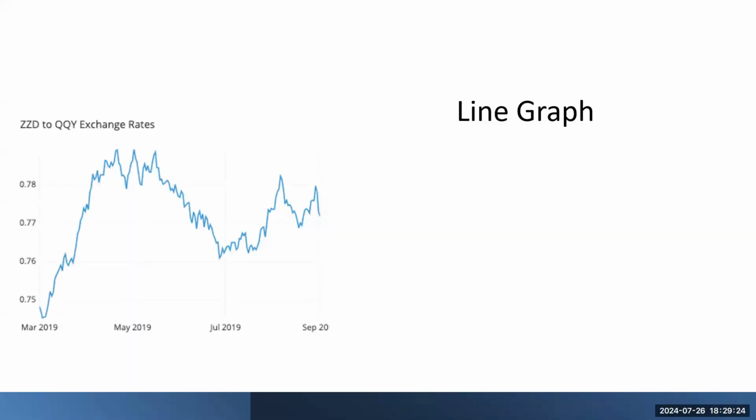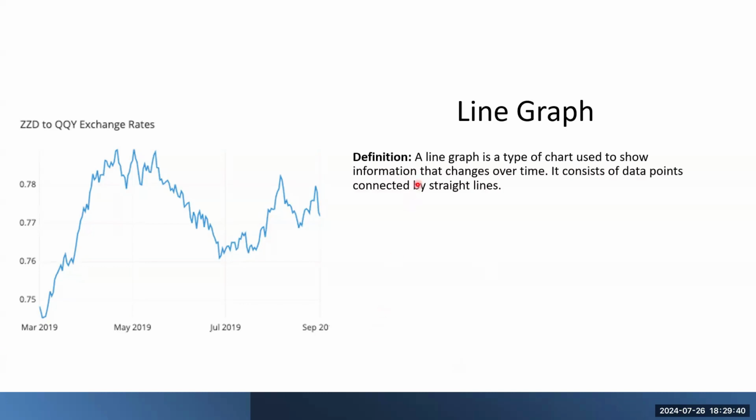The next one that we are going to have a look at is the line graph. Okay, the line graph is very important. Let's have a look. So a line graph is a type of chart used to show information that changes over time.